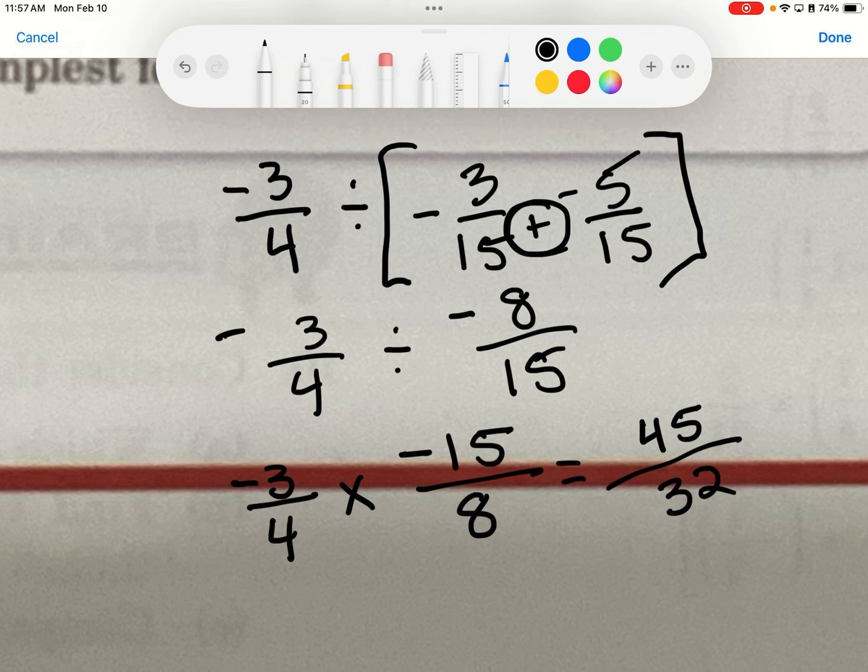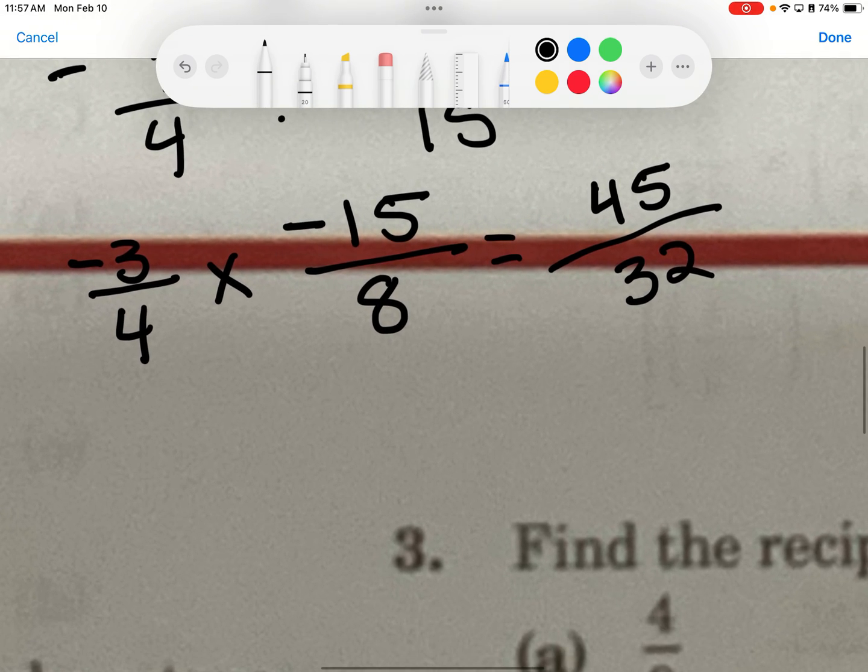How many 32s fit in 45? 1, and 45 minus 32 is 13. So 1 and 13/32.